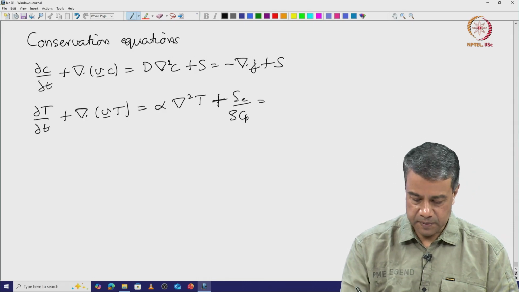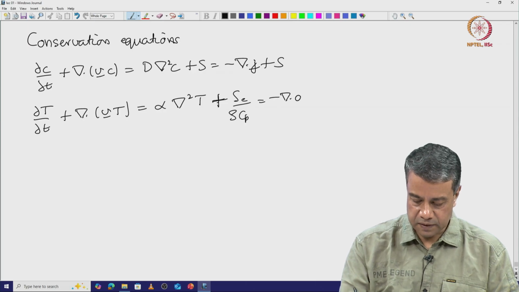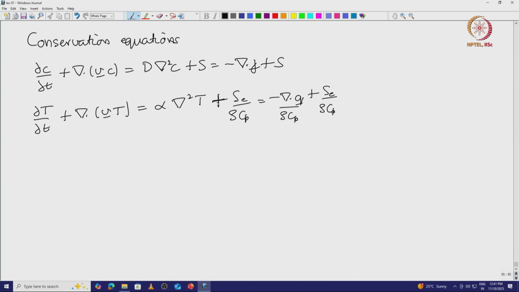Written as minus the divergence of heat flux plus the source, where alpha is equal to the thermal conductivity by rho Cp, and Q is equal to minus K grad T. The heat flux goes from higher temperature to lower temperature. Similarly, the mass flux is equal to minus D times grad C.